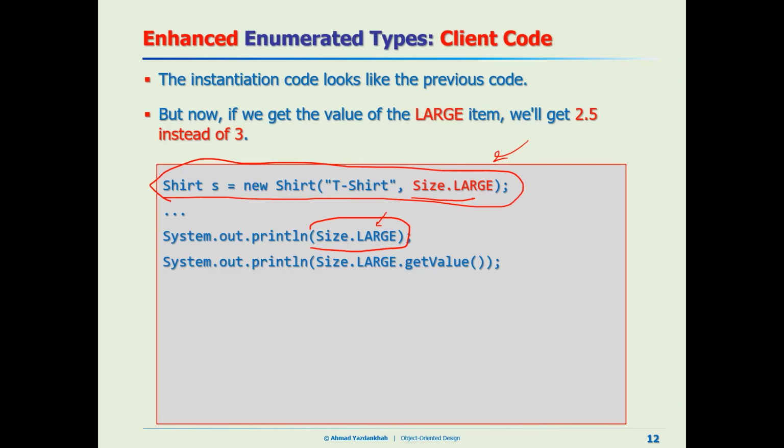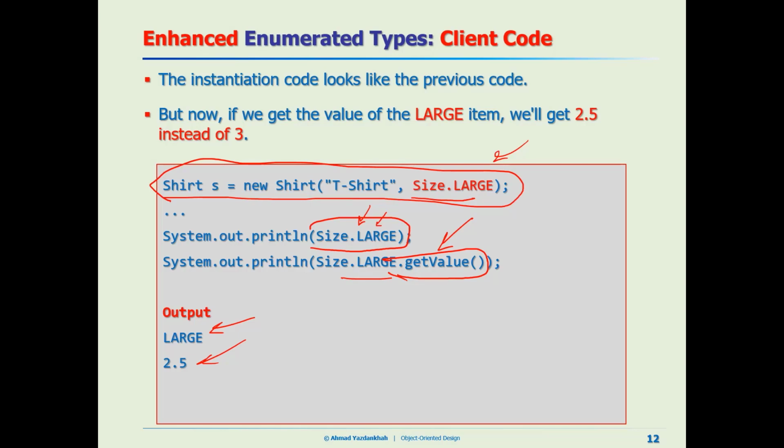But if you get the value of that, it brings the value that we assigned to it. So the output of this code would be large. This is actually the default behavior of the enum, and this is just a regular class. We are requesting the value of this guy.